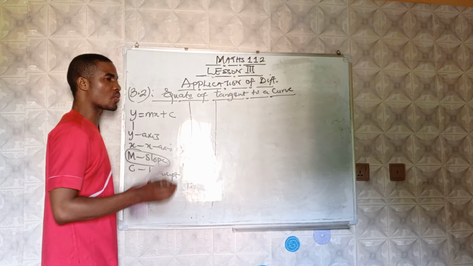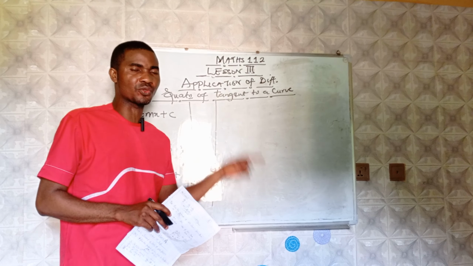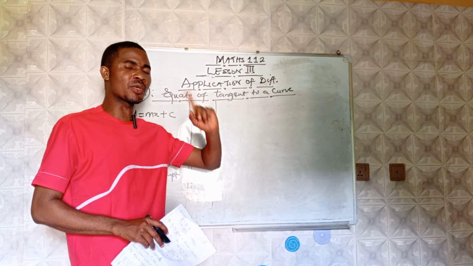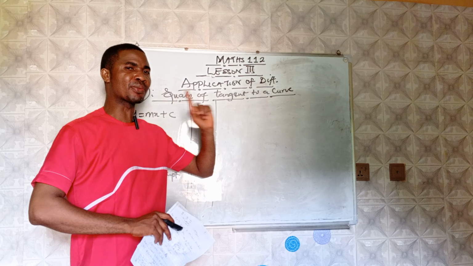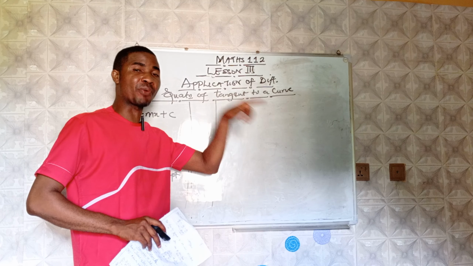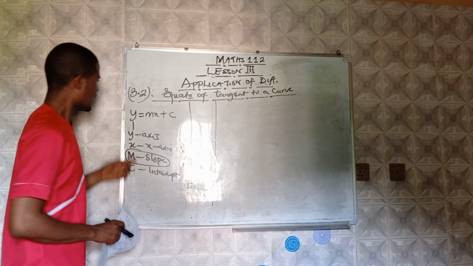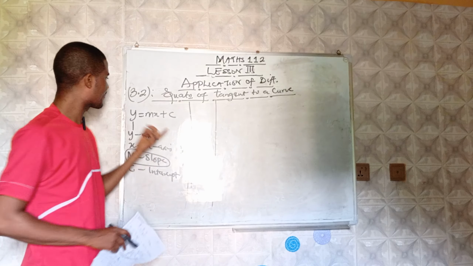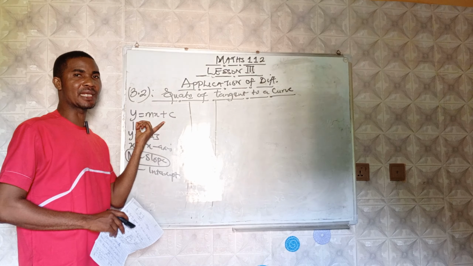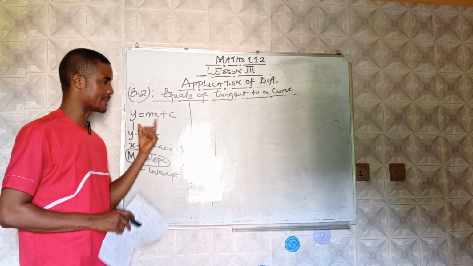So when we are given a curve and asked to find the tangent to that curve, you form an equation of a straight line which, if plotted with that curve, will cut that curve at a point. That is, the point will be x and y. Do you get that? So whatever equation we get, we will try to put it in the format of the equation of a straight line, which is y equals mx plus c.